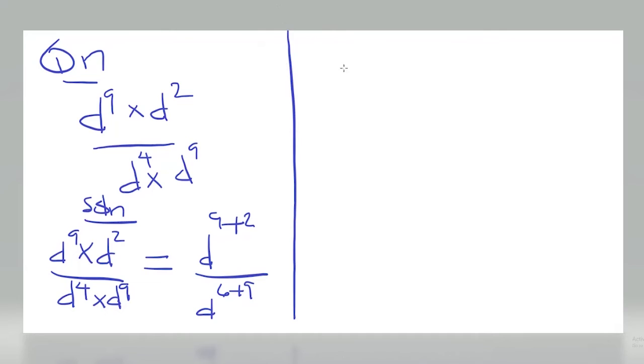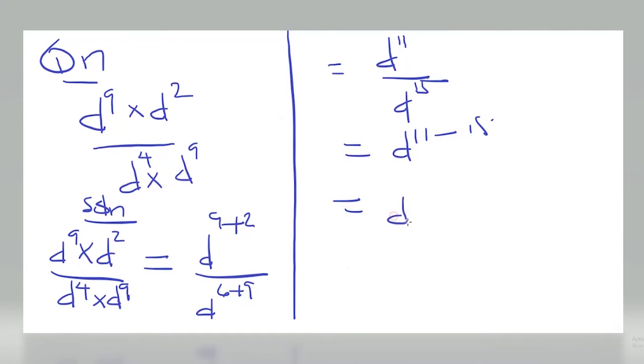Now this one will be equal to d power 11 over d power 15. Then this one will be equal to d power 11 minus 15. Now the answer will be d power, 11 minus 15 is equal to negative 4. So into positive exponent, this one can be equal to 1 over d power 4. That is the answer.